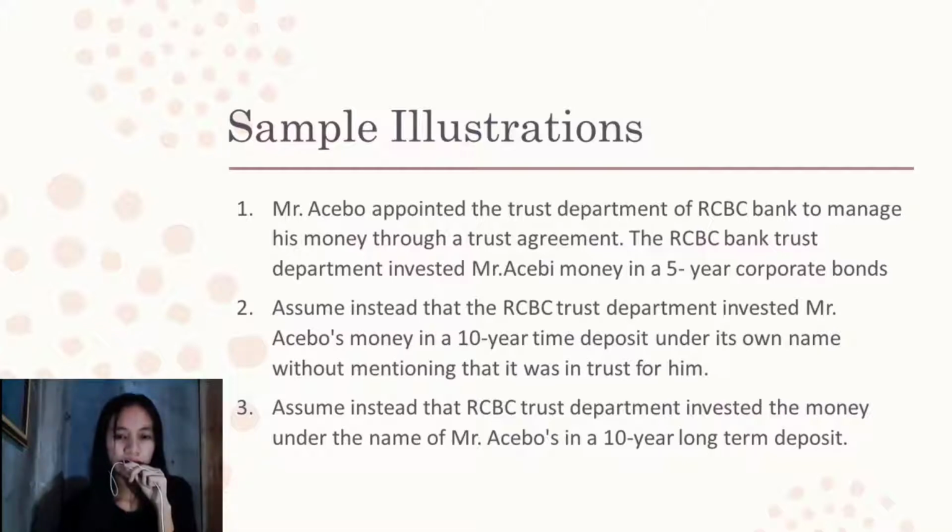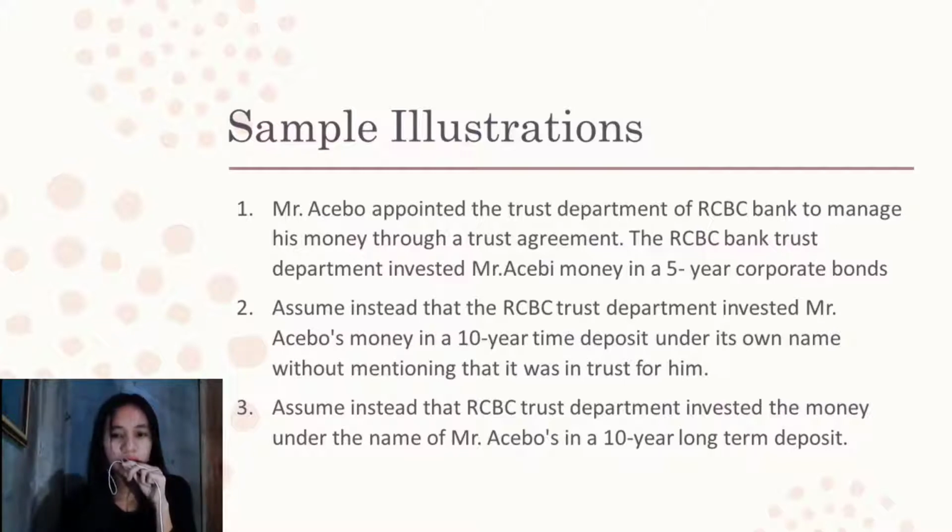So illustration 1 doesn't meet the letter A mandatory I mentioned earlier, because in this situation, Mr. Acebo is still subject to 20% final tax because the underlying instrument was not held or managed by the bank for at least 5 years.